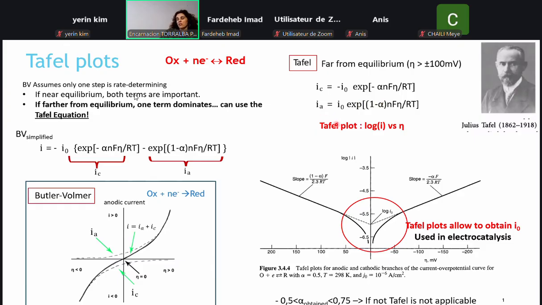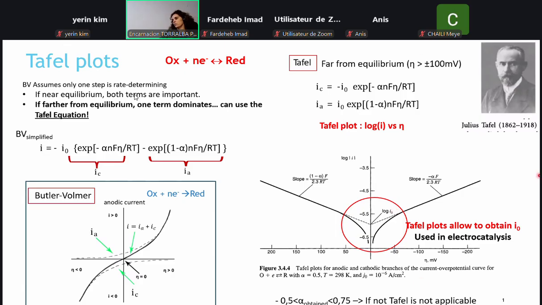And Tafel is actually useful because when you have this simplification, you can quite easily obtain the E0. Okay, and the E0 was the exchange current that is proportional to the sweep rate, and the sweep rate is what gives you how fast or slow the reaction is.